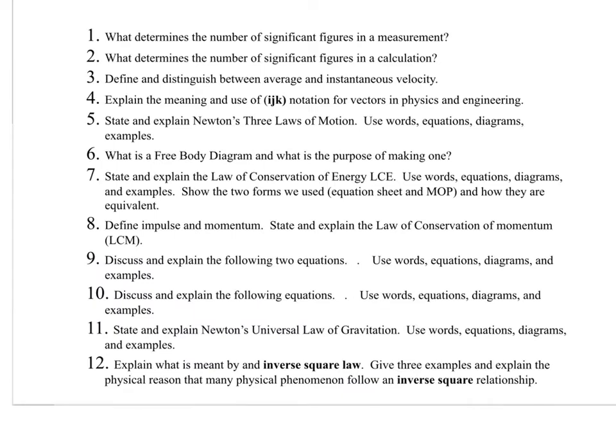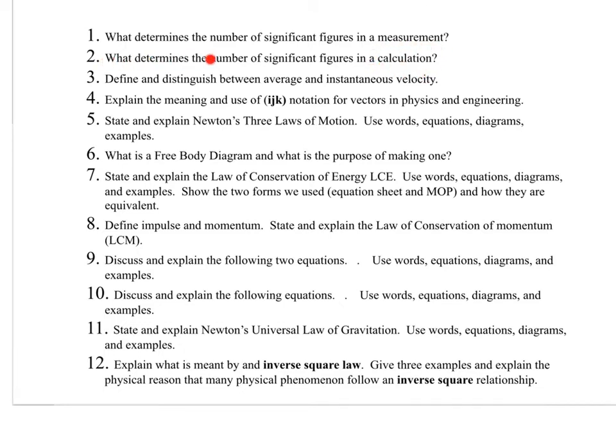And now here's the document that I posted yesterday with 12 questions in it. So expect to see one or more of these questions on the exam. When you're answering them, no matter whether it says this or not, you always want to think about using words, equations, diagrams, and examples. So what determines the number of significant figures in a measurement, and what determines them in a calculation?